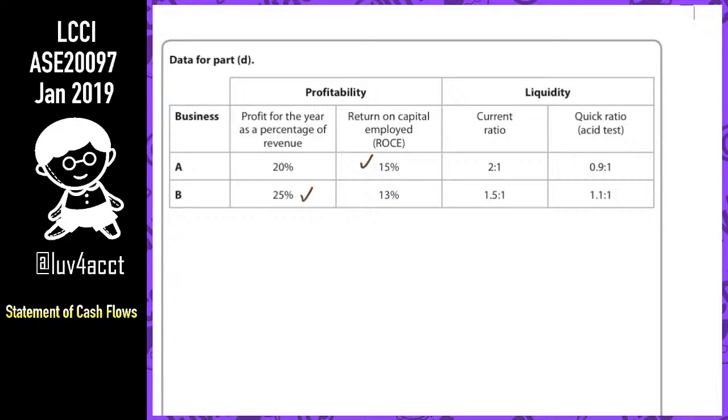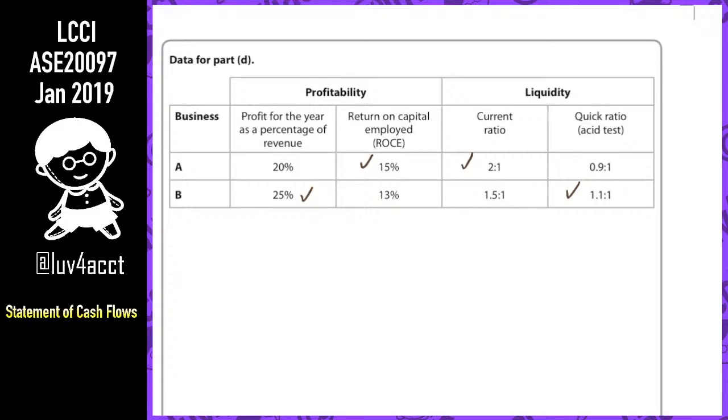Liquidity: A is a little bit better on the current ratio, and for the quick ratio, B is a little bit better. So this is very similar to our last question, so I'm not going to write down, I just discuss with you.